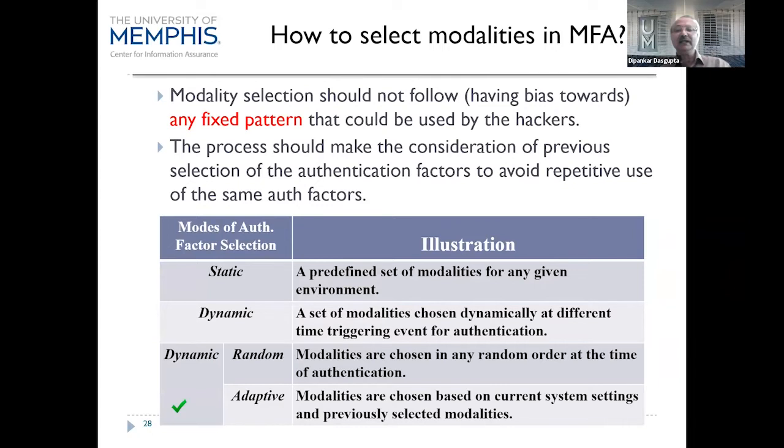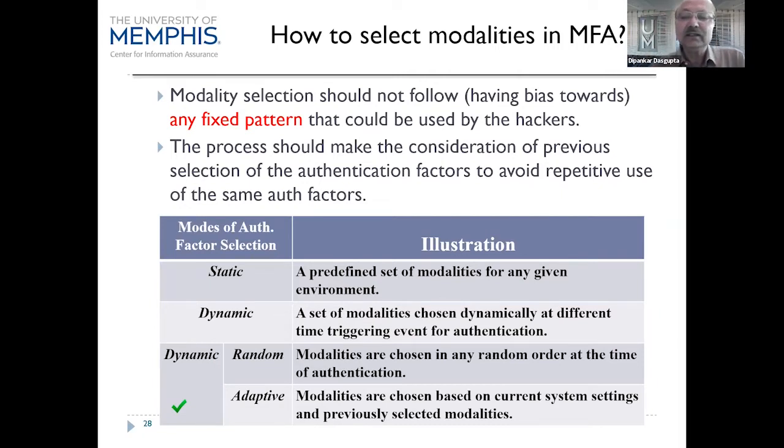So the question here is that even if someone has multiple factors, that may not provide enough security. So modality selection should not follow any fixed pattern. So you will have a password followed by OTP. We call it a fixed pattern. It should be unpredictable.